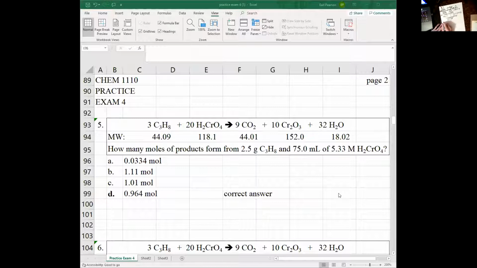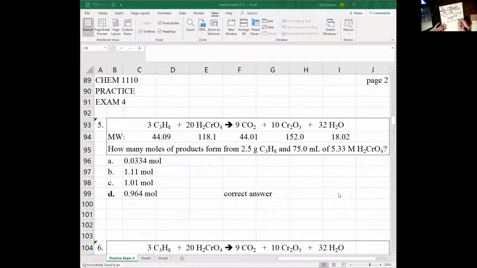So, I'm doing propane again, so it's 3 C3H8. I'm reacting it with the chromic acid, which is 20 H2CrO4. Now I'm going to go to products, and it's asking for moles.